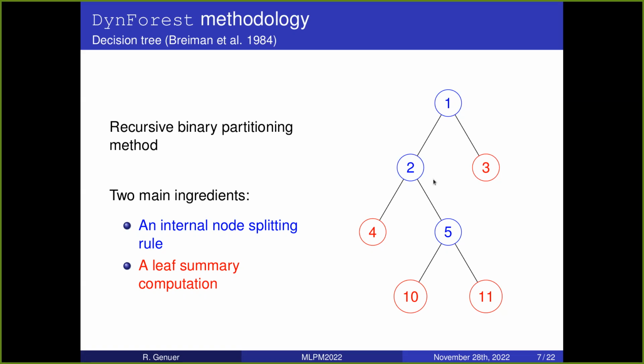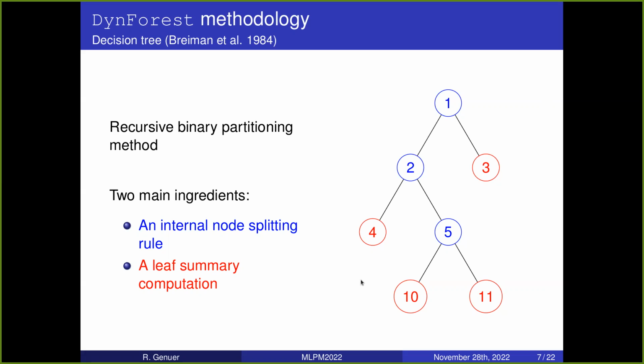And then once you have found the first split here, you perform the same algorithm again for splitting this node into two child nodes, and again, so you have the recursive nature of the method here. And at the end, let's say that this is your final decision tree here.